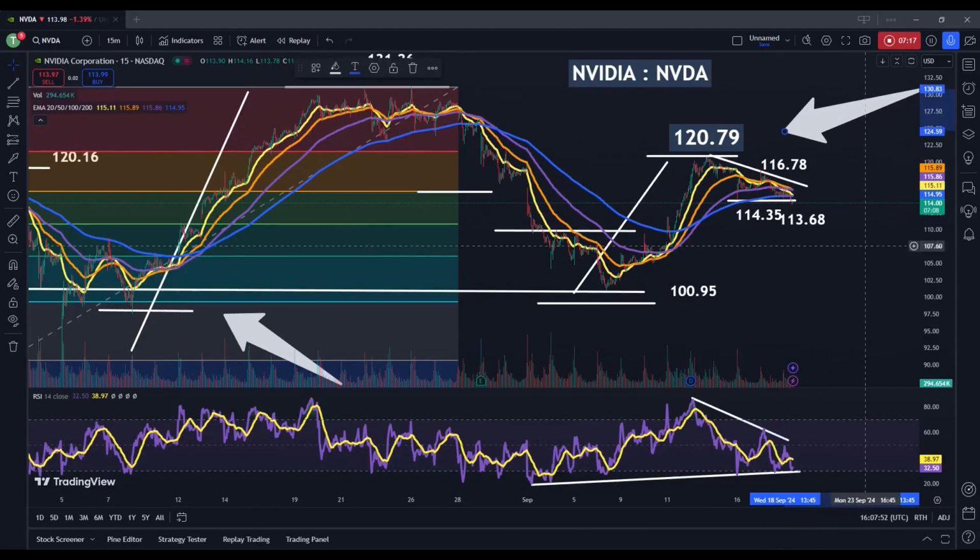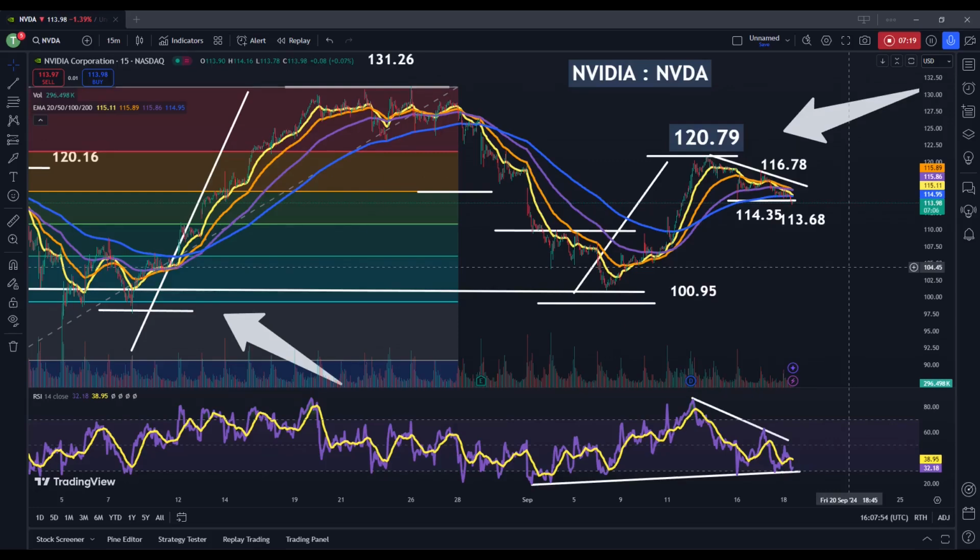Ultimately, what would need to occur in order for all that to take place would be a break above 120.80. If we see a break above there, that would invalidate the head and shoulders pattern, and it would allow us to start to view this structure in a more positive light.